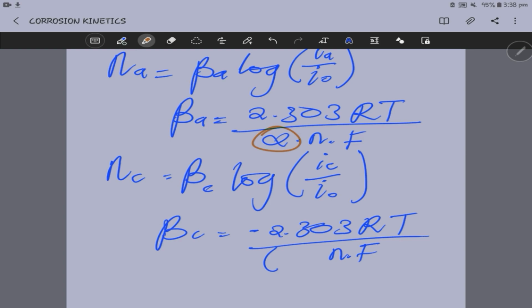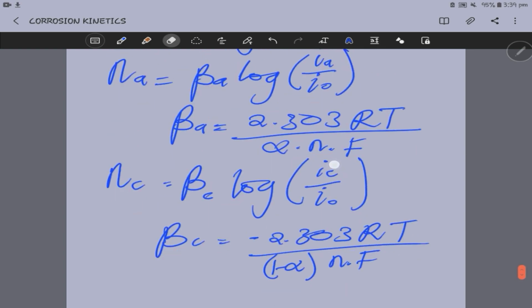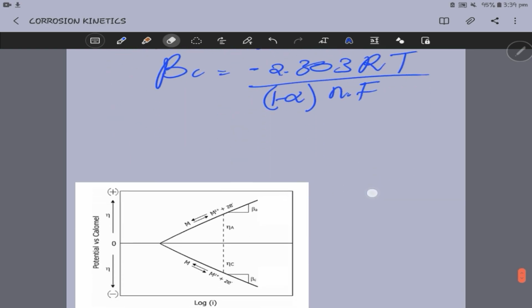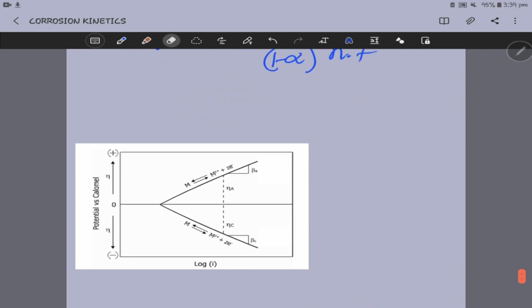So this is 1 minus alpha here. If alpha is 0.5, then what we get inside here will also be 0.5, meaning there is symmetry: half of the applied potential is contributing to the anodic reaction, half to the cathodic. So that's what we have, and this whole graph is what we are seeing here. It's just the same thing.